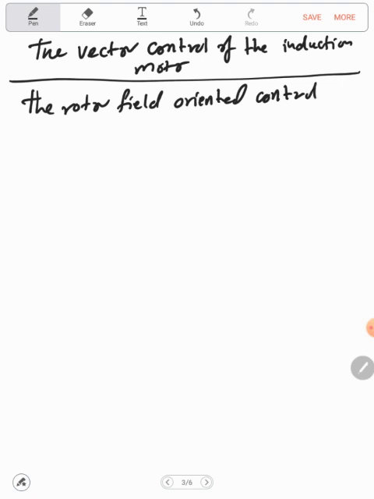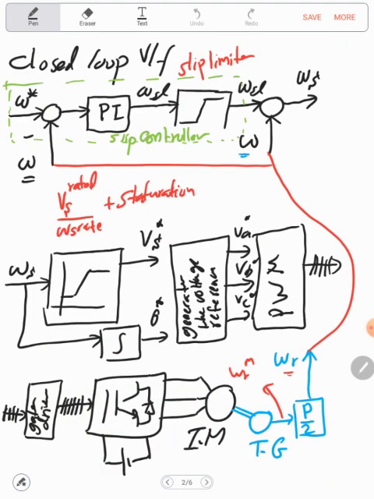Now, first of all, I need to highlight with you why we need vector control. Before, we were using, let's say, scalar control, and this is actually the closed loop V over F. It was simple, but it's not very accurate.